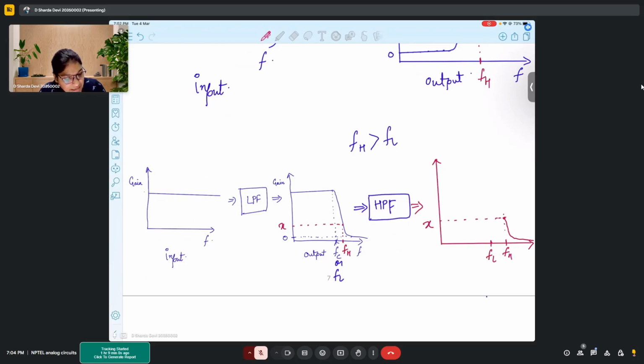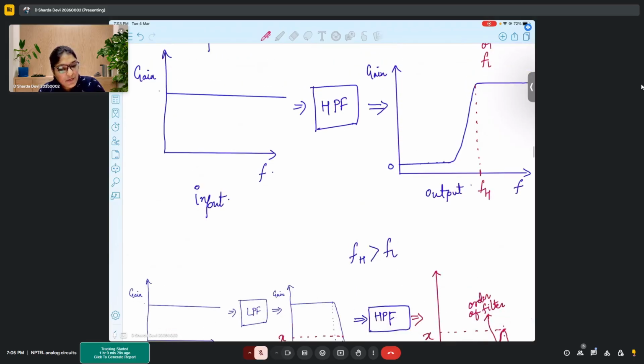And below FL it will start to eliminate. So it will slowly diminish and go to 0. This comes from the order of the filter, correct?